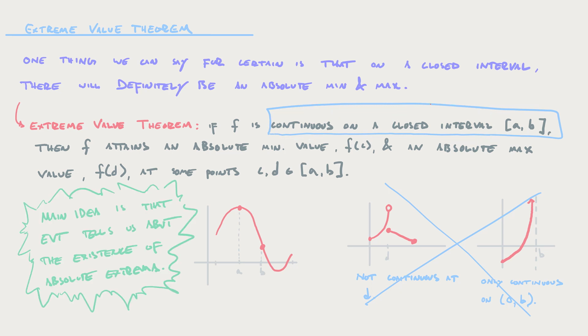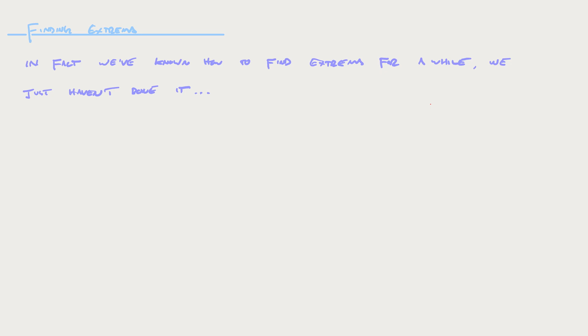But the main idea behind this theorem is that it tells us about the existence of absolute extrema. And the best part is we actually already know how to find these absolute extrema. We've been talking for a long time about finding when the slope of a graph is 0, finding when its derivative is 0.